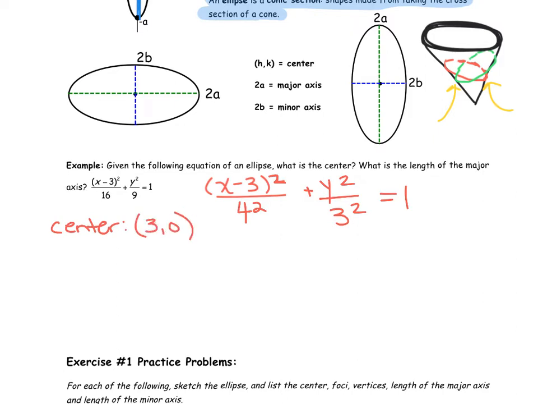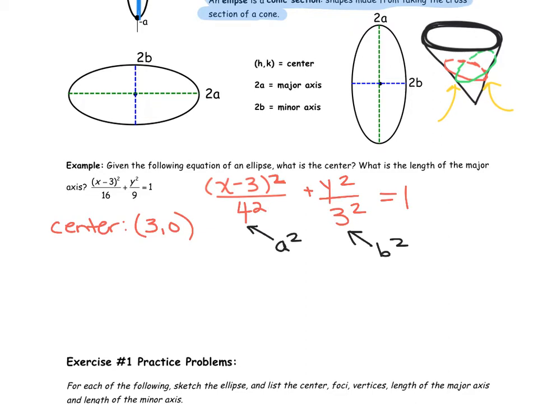And now the length of the major axis. Remember, the major axis is bigger than the minor axis. Well, look at these values. Which number is bigger, 4 or 3? So we know that this is going to be our a squared value and this will be our b squared value because, again, a goes with the major axis, b is the minor axis.